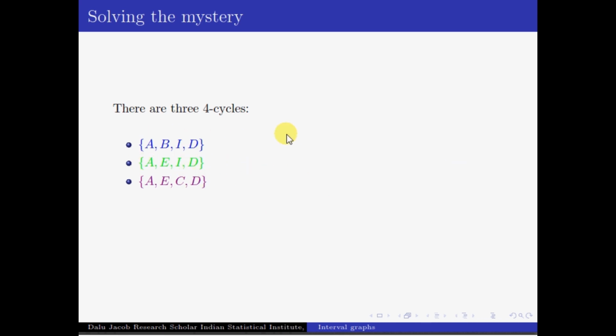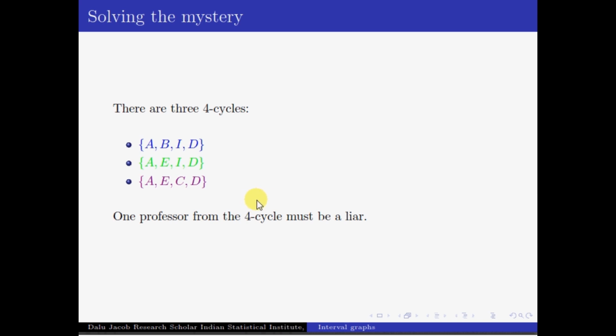These are the 4-cycles that we got, which were supposed to be forbidden in the graph, but we got them in G. One thing is quite clear: one of the professors from these 4-cycles must be a liar, because we constructed this graph according to the testimony given by each professor. If these 4-cycles appear in the graph, it means that one of the professors in the cycle must be a liar.